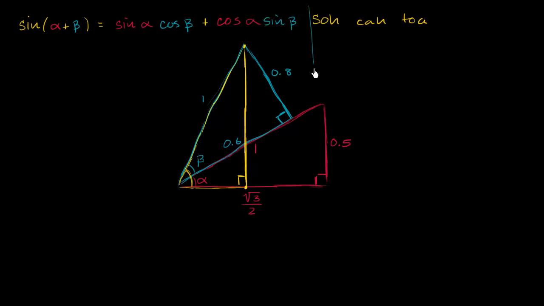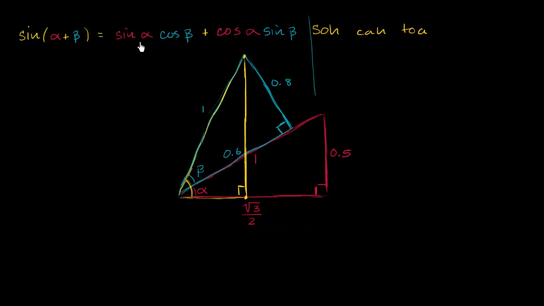Let me draw a line here so we don't get confused. If we're trying to figure this out, and we know that this can be re-expressed this way, it all boils down to: can we figure out what sine of alpha is, cosine of beta, cosine of alpha, and sine of beta? And when you look at this, you see that you actually can figure those things out.